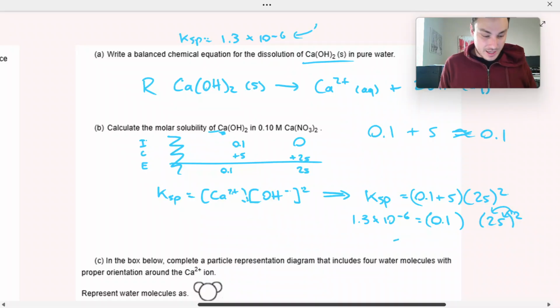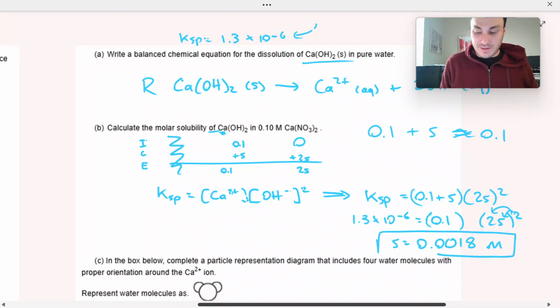We get that S is equal to 0.0018 molar. That is the solubility. And it's a pretty good assumption to make. If we did this via graphing, you'd get something pretty similar, if not the exact same.